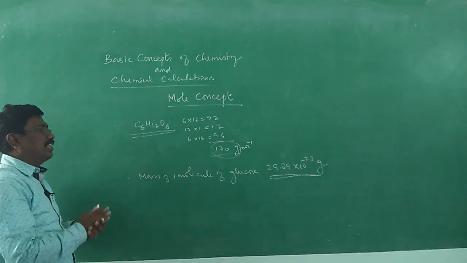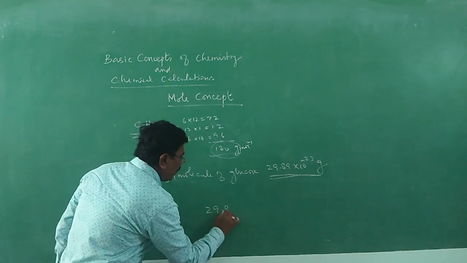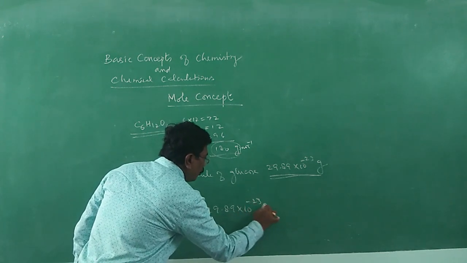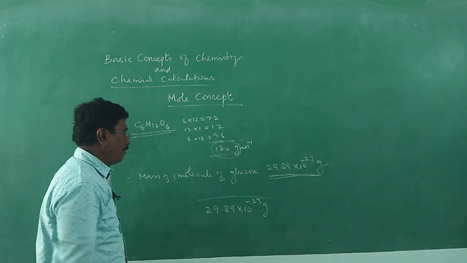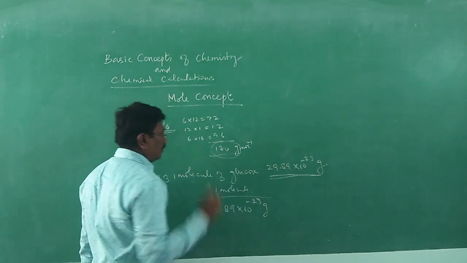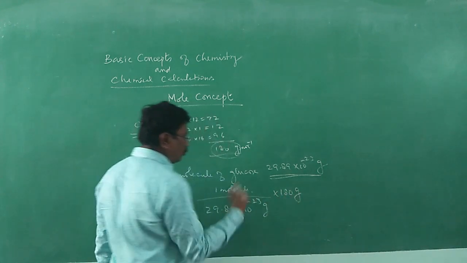Then I can say in the other way, 29.89 into 10 power minus 23 gram of glucose corresponds to 1 molecule. Therefore, 180 gram of glucose corresponds to how many molecules?